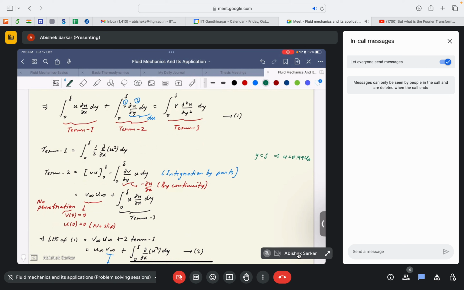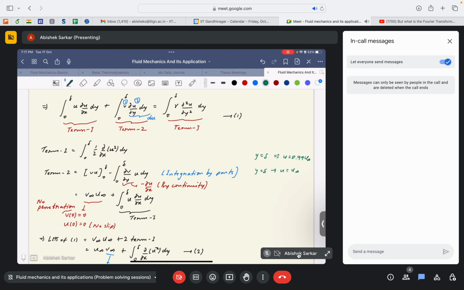But just for simplicity, for the ease of derivation, because right now we are discussing approximate solutions of the Navier-Stokes equation, right? So these are not the exact solutions, but approximate solutions. Keeping that in mind, we can assume that for y equal to delta, u is equal to u infinity.